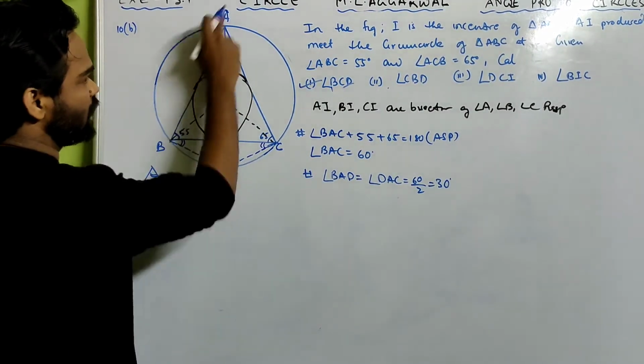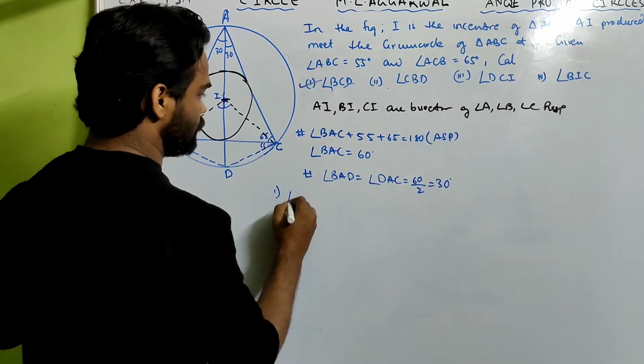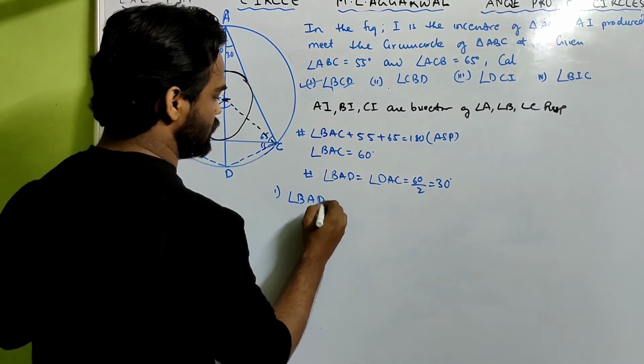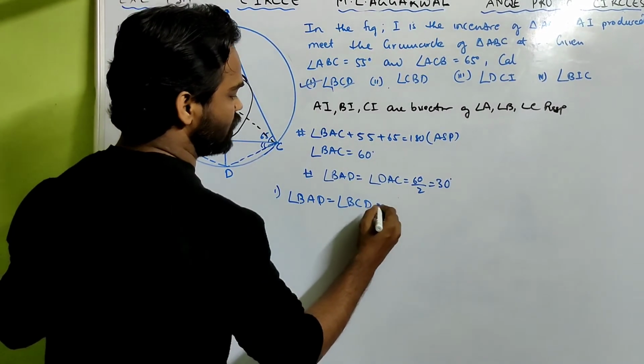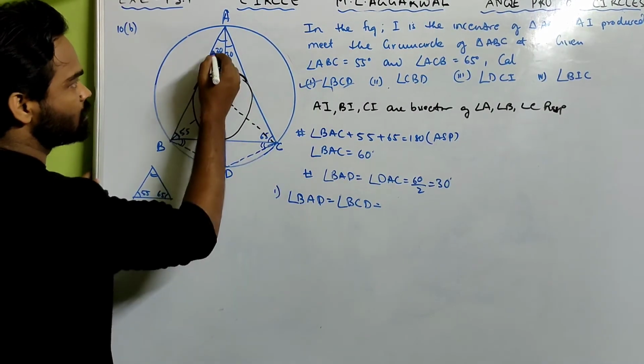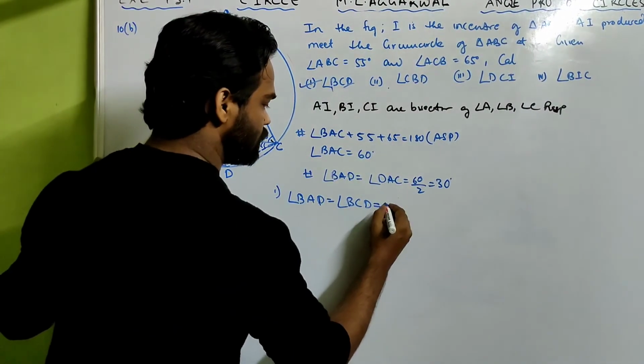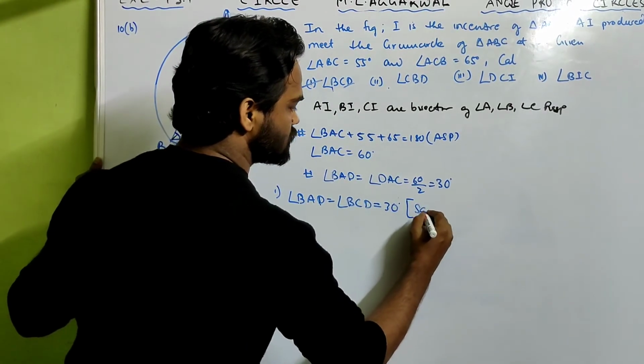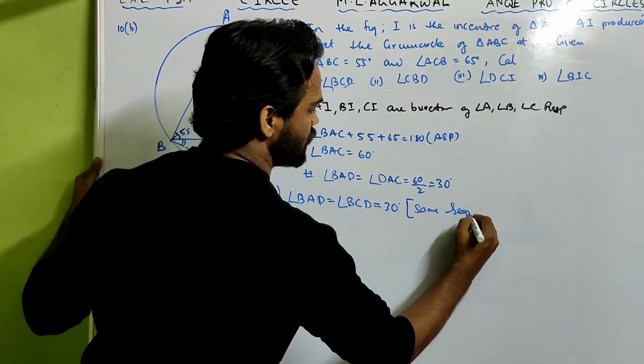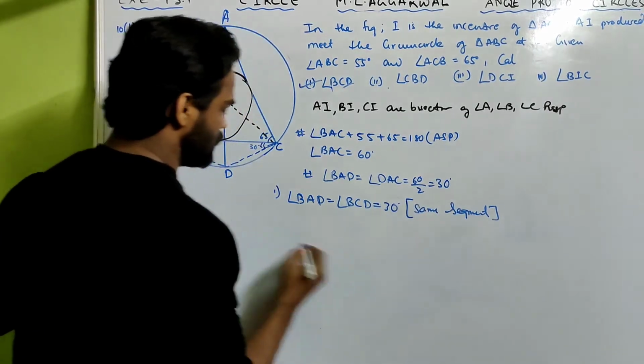Now look carefully. Angle BAD and angle BCD will be same. This angle and this angle have to be same, angle in the same segment. That's 30 degree. Clear?